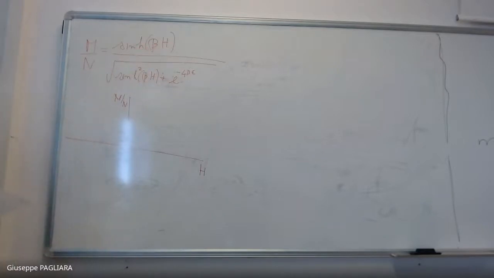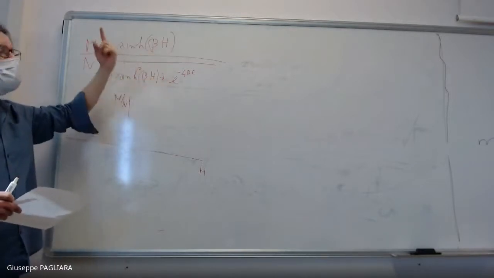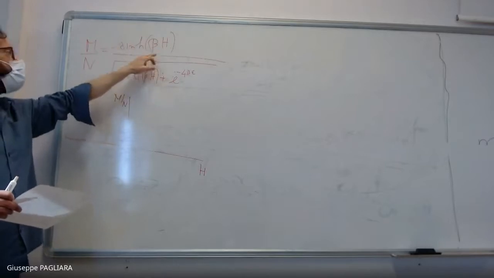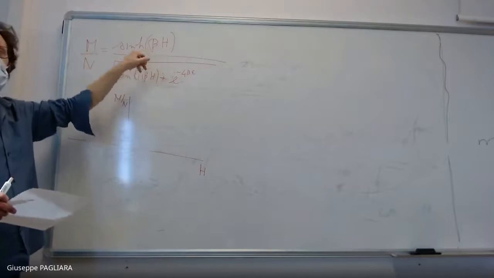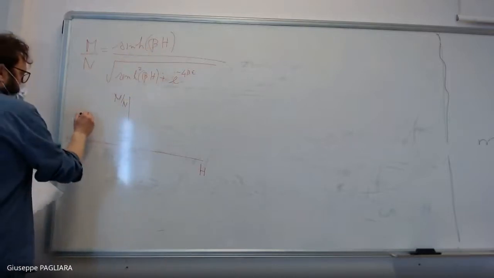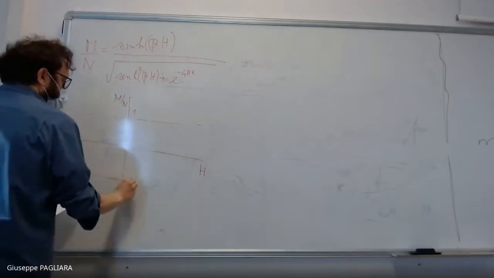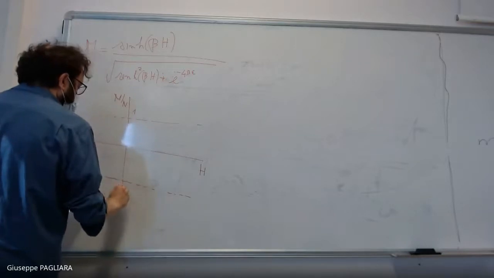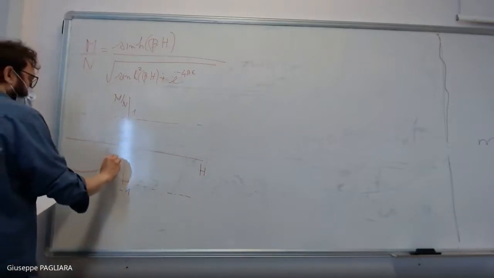And if h goes to infinity, this diverges like this, and then I have 1. And if it goes to minus infinity, this is minus 1, right? So the behavior will be something like this. So this is 1. This is minus 1. And I will have something like this.